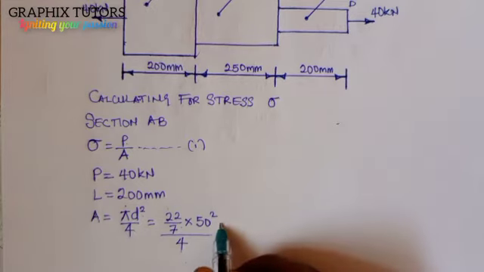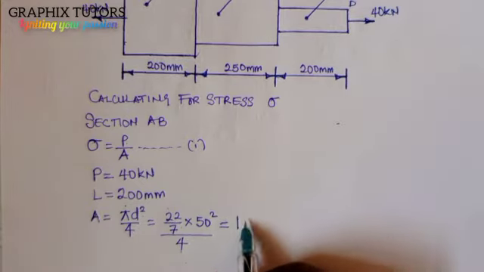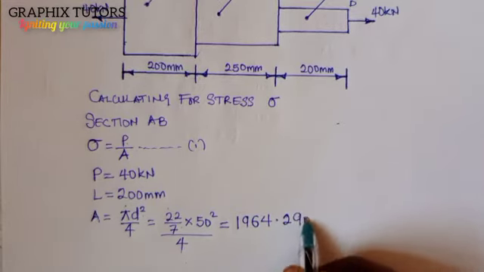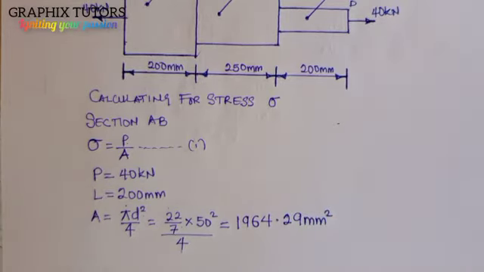Putting this into your calculator, the area at section AB is 1964.29 millimeter square. That is the area for AB, right?